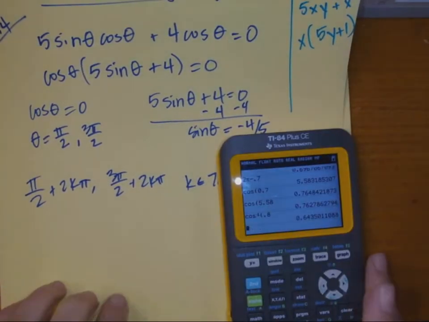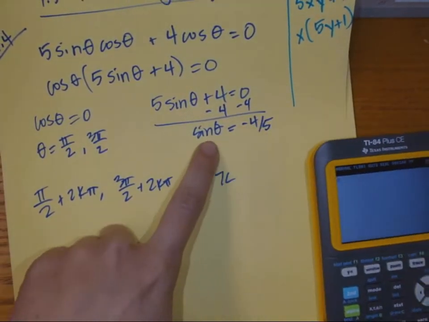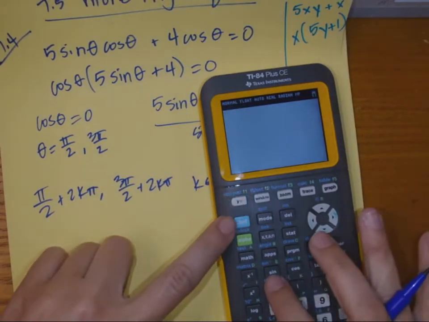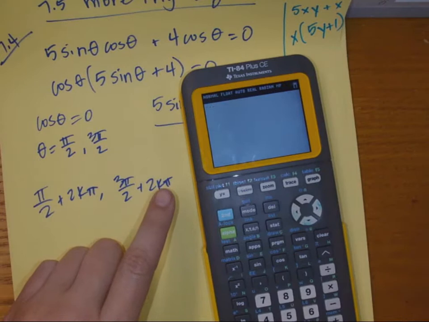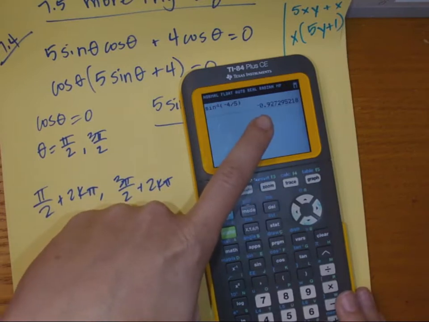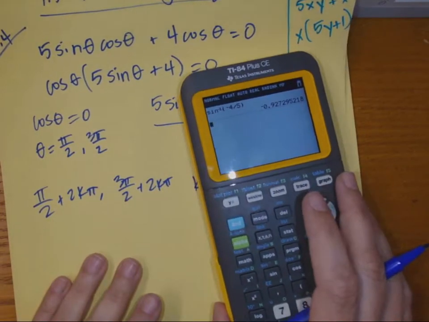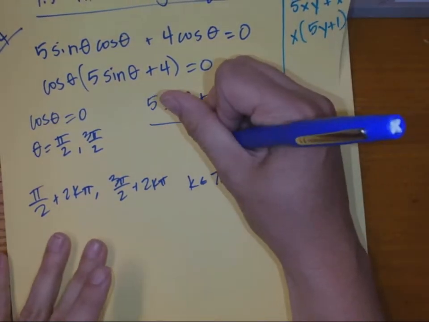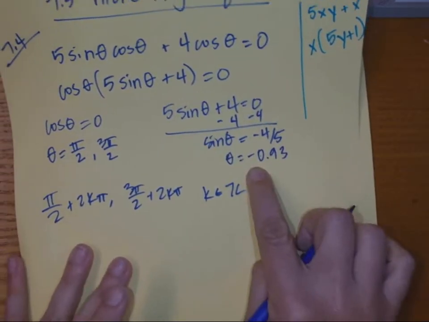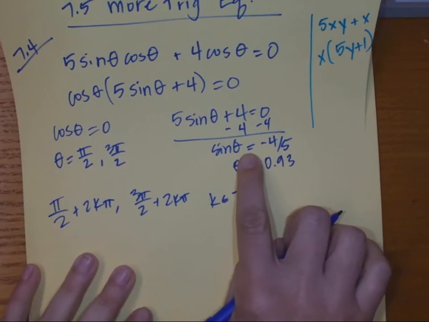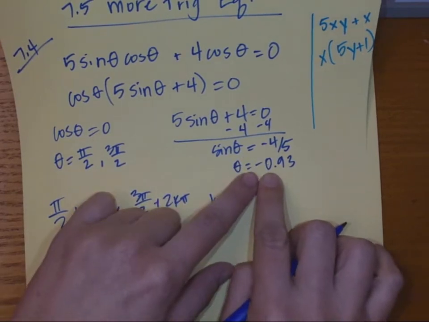When I find the inverse sine of negative 4 over 5, I get negative 0.93 as my answer. Remember, sine gives me answers in quadrants 1 and 4. This is obviously the quadrant 4 answer.